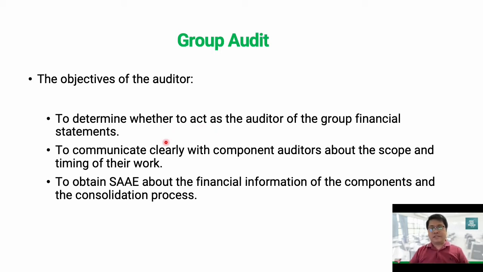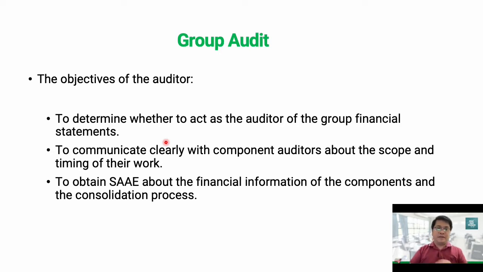Because at the end of the day, the companies will need to prepare group financial statements, often known as consolidated financial statements, to present the financial information of the group as a whole based on substance rather than legal form.